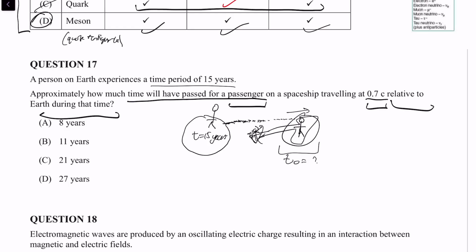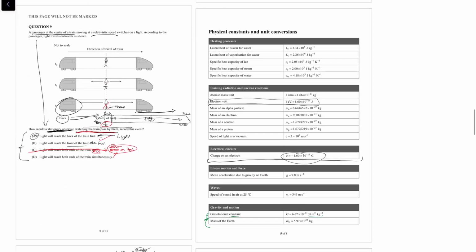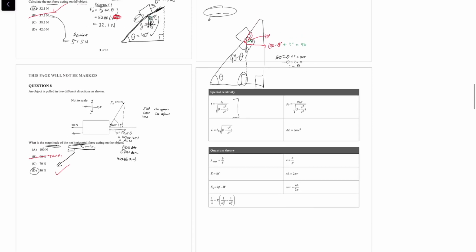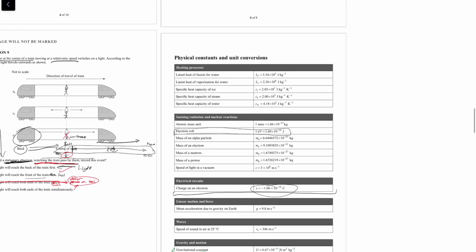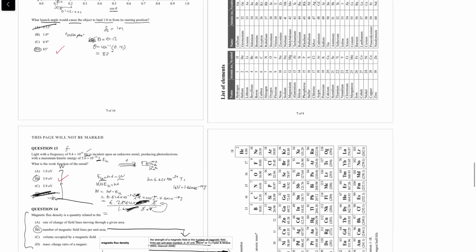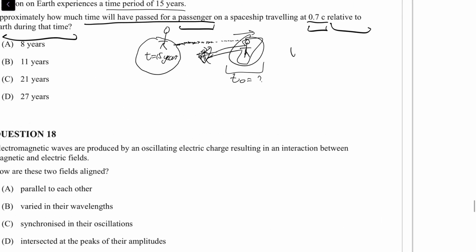All right, so we just use our formula now. On the formula sheet, the third step of the 5Fs, we have this right here. There's not really any other formula we can use. Let's just use that. T equals T0 on square root of 1 minus V squared over C squared.